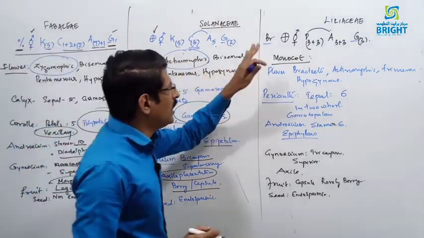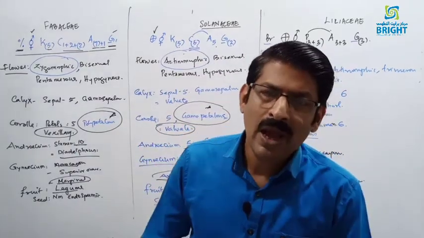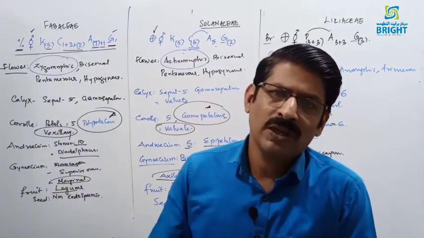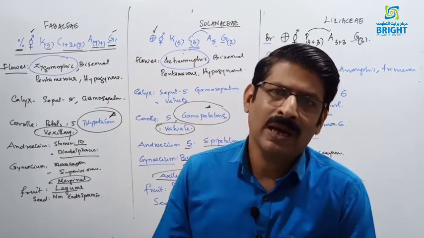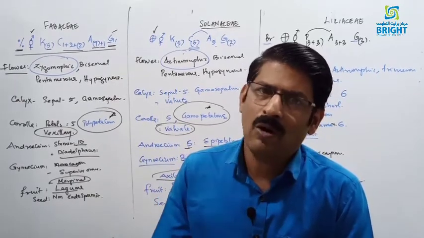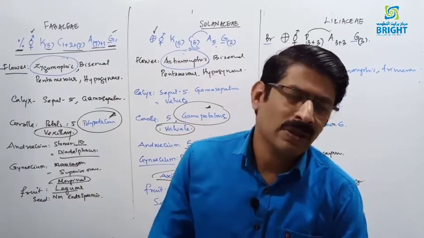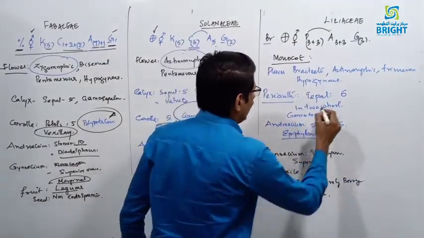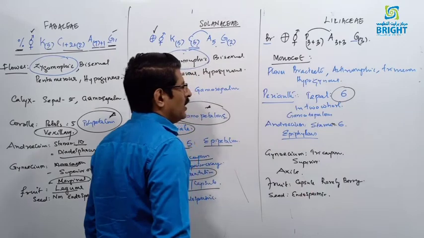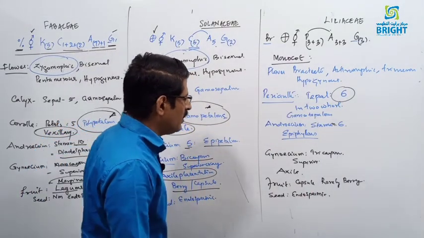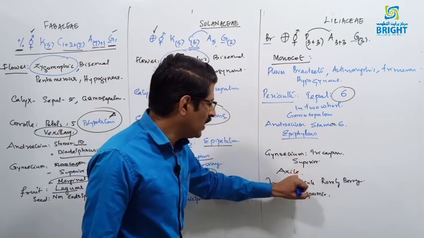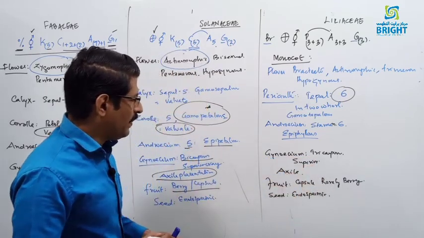And in the case of Liliaceae, it is a monocot family and the monocot family is with a trimerous perianth. Trimerous condition is present and perianth is present, not sepal or petal. Tepals are present. And here the 6 tepals in 2 whorls and also gamotepalous. Androecium is epiphyllous. Gynoecium tricarpellary superior with axial placentation.